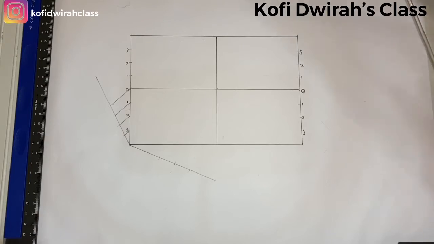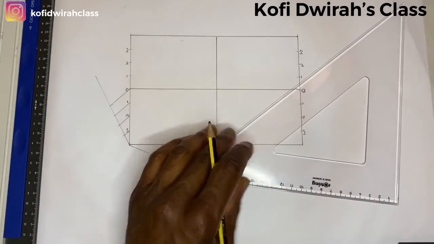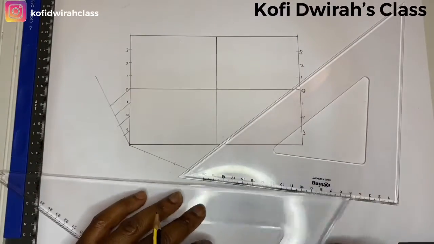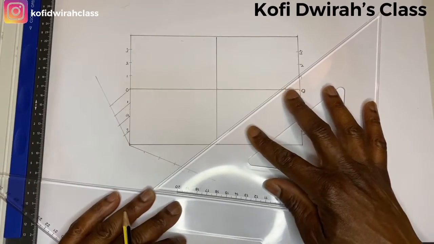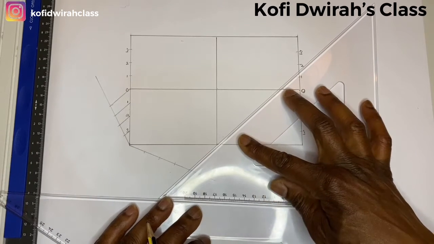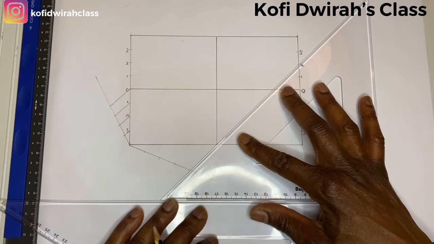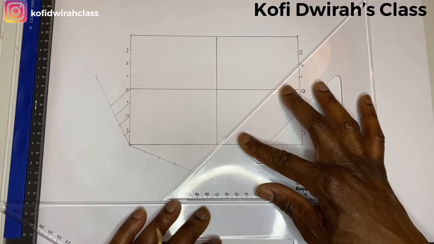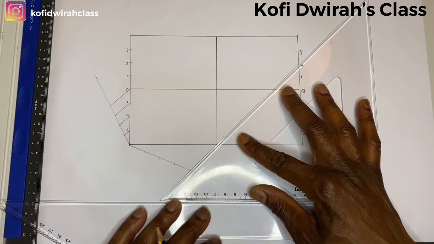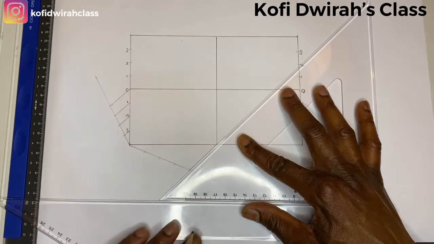Then with your set squares, you put one underneath, and set it from here to this side. Let me set it well so that I can get equal as here. Then you draw your line like this.